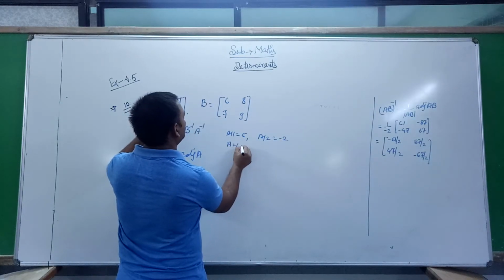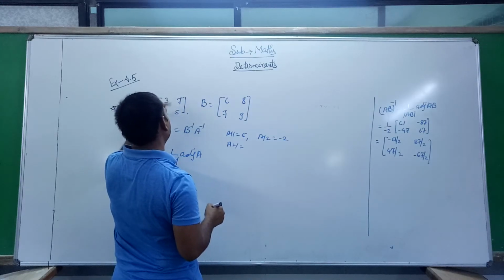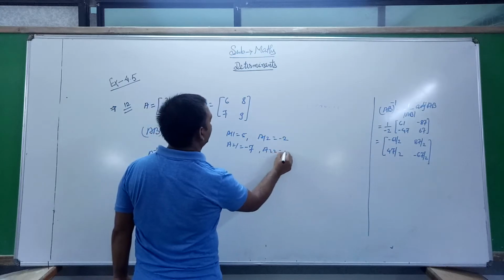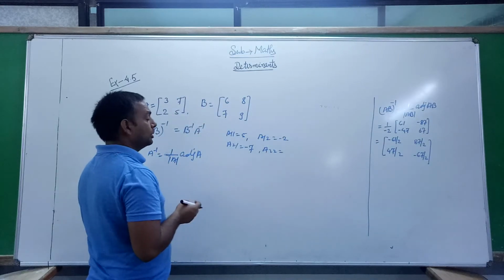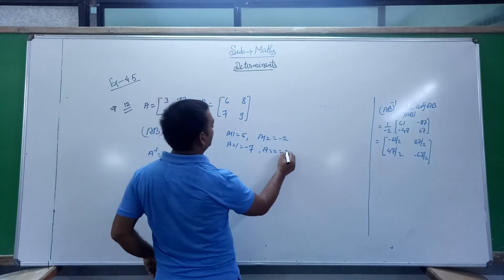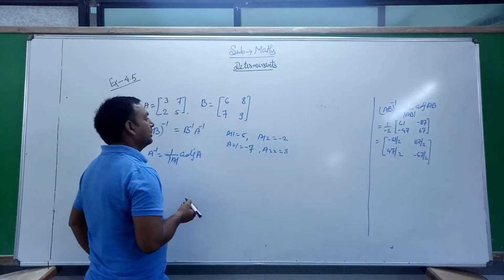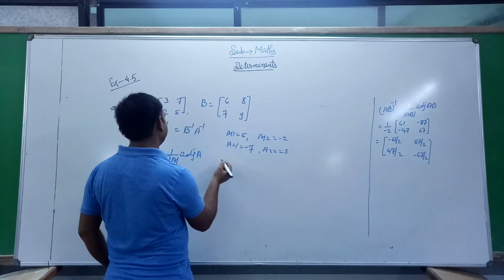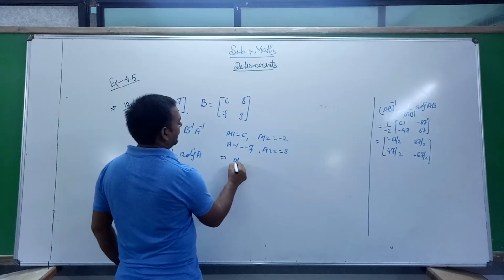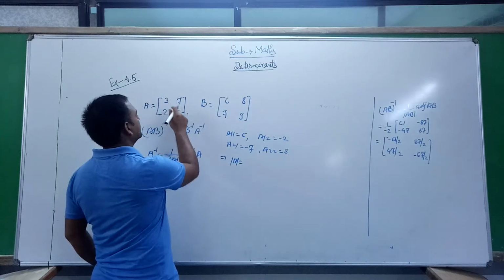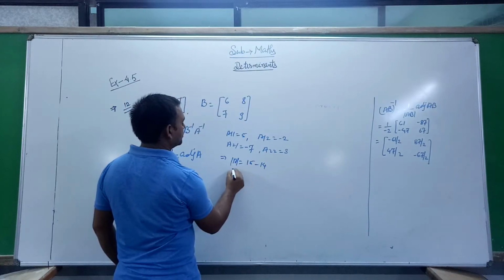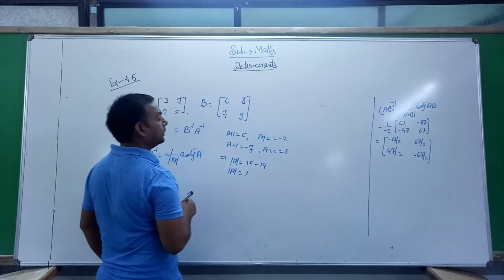A21, second row and first column, is equal to minus 7, and A22, second row and second column, is equal to 3. Then you find mod A, that is equal to 3 5s are 15 minus 7 2s are 14. So mod A is equal to 1.